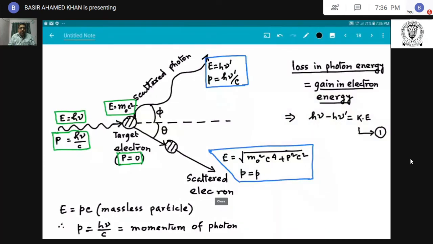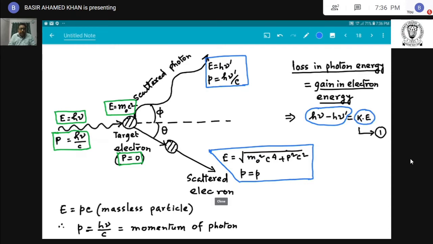Loss of photon energy after collision means h nu minus h nu prime, because h nu is the energy of incident photon and h nu prime is the energy of scattered photon. Therefore h nu minus h nu prime equals the loss of photon energy, and it is equal to the gain of electron energy. Electron energy means the kinetic energy. So h nu minus h nu prime equals kinetic energy of electron.